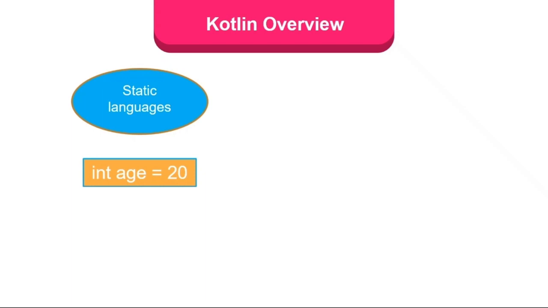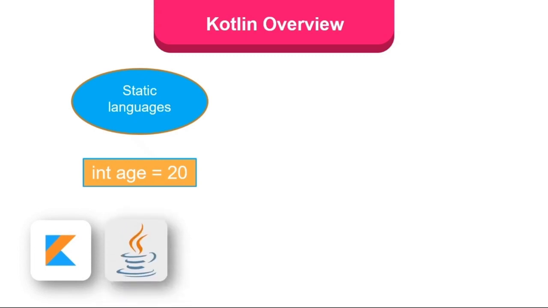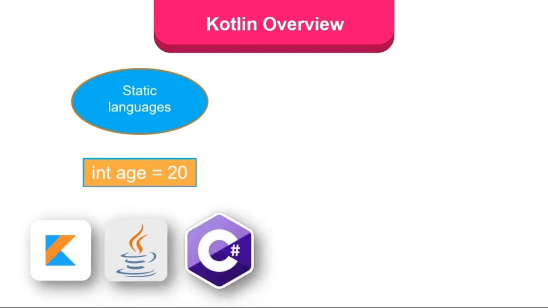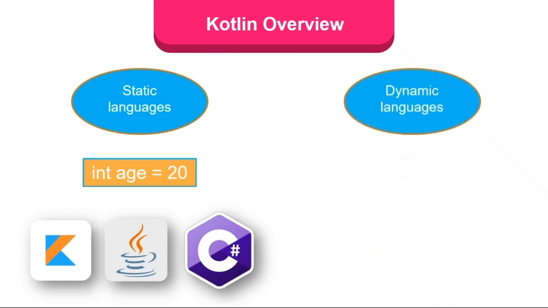Okay, so all this means that while the program isn't running yet, if you've made a mistake, it'll warn you and wait for you to correct the mistake. Languages such as Kotlin, Java, and C# can be given as examples of static programming languages. Also, there are dynamic programming languages that you might be familiar with. In dynamic programming languages, the variable types are determined at program runtime.